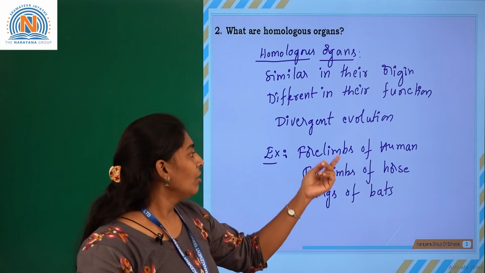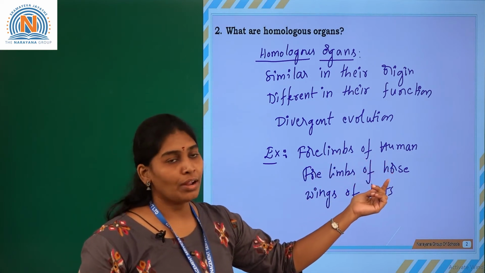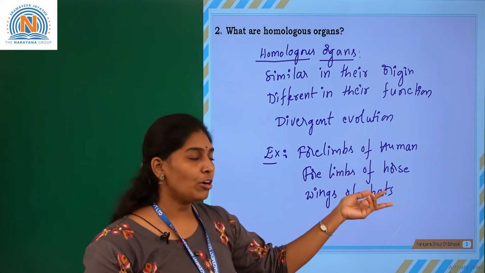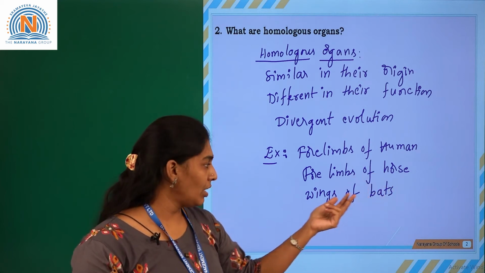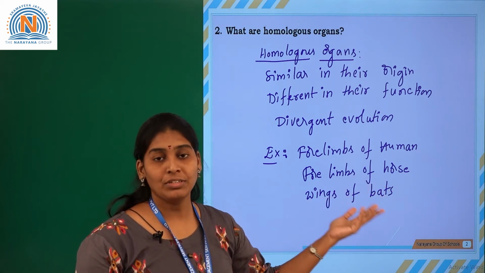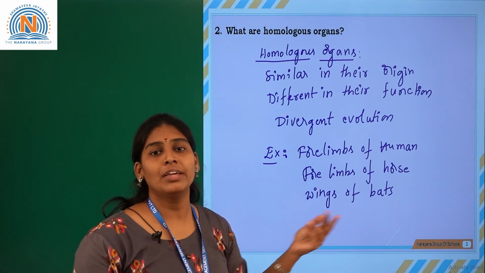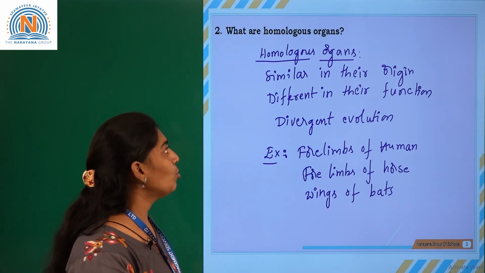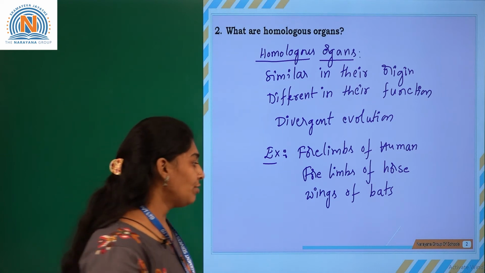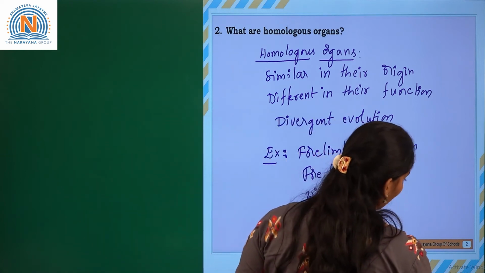For example, forelimbs of human are for walking and running, and forelimbs of horse especially for running. Wings of bat, the structure is similar, but the wings are very useful for flying. So that is what homologous organs. Let us go for the next question.